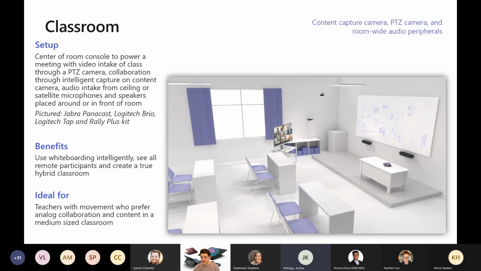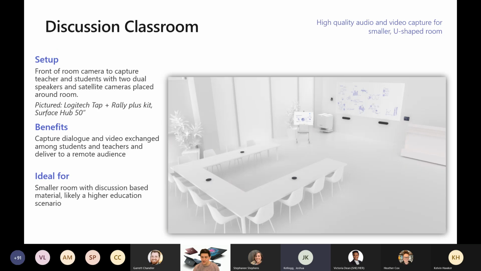If we step up to the next area, we've got our discussion classrooms. These are classrooms that are still a little bit smaller, but the discussion, the collaboration is so important. It's less often one-to-many teaching, and it's more often students involving and including each other. And this is where we really want students to be able to see each other, regardless of if they're in person or online.